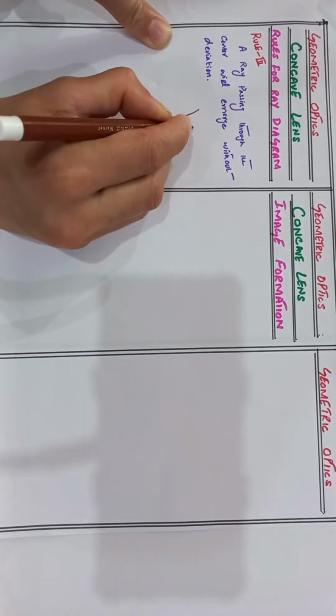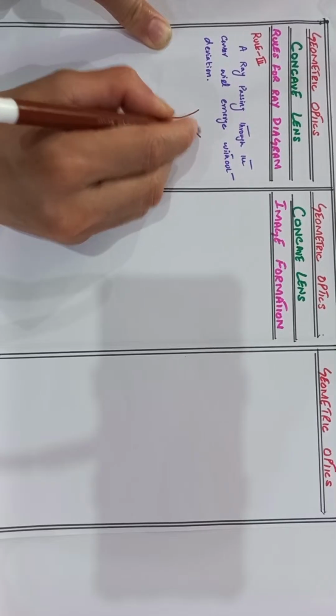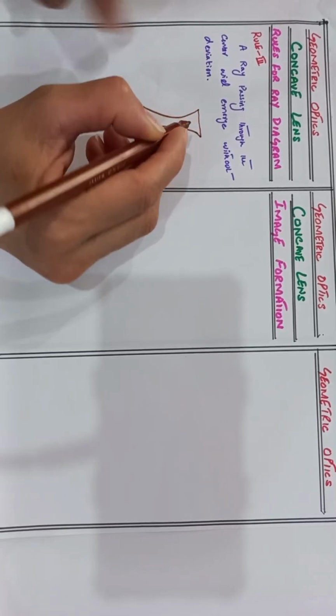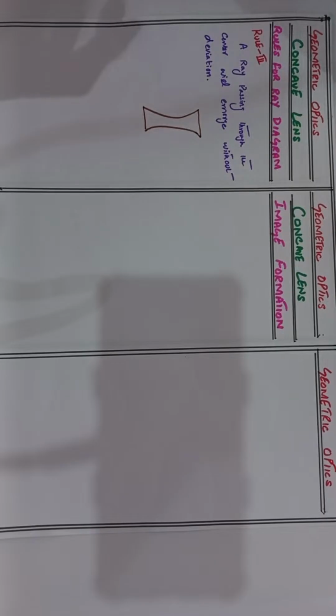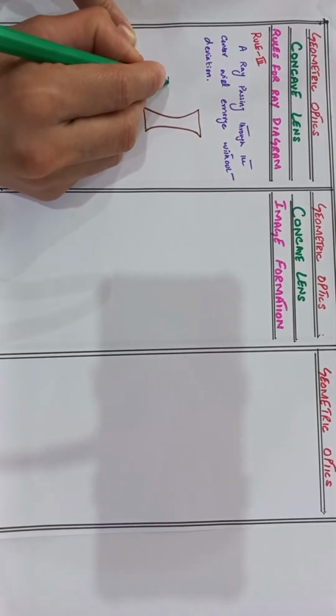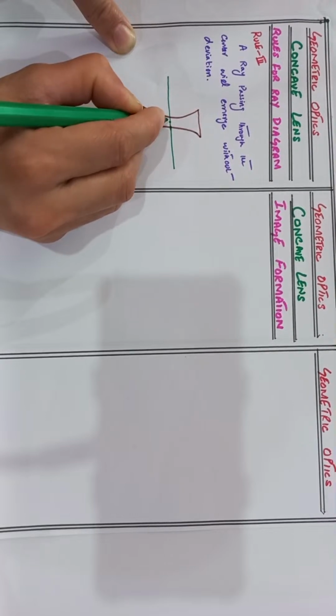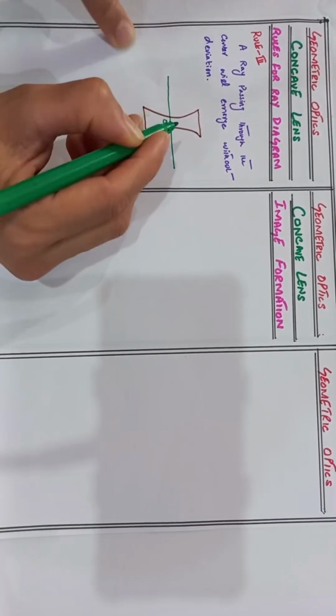Okay, this is the concave mirror. Here we take the principal axis that passes through the center of the concave mirror.